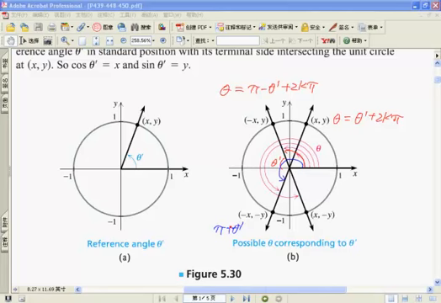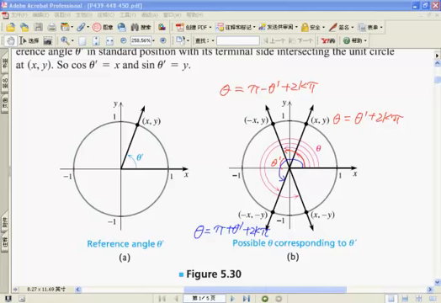Then any angle which is coterminal with this pi plus theta prime has theta prime as a reference angle. So we have the third case, theta is equal to pi plus theta prime plus 2k pi.